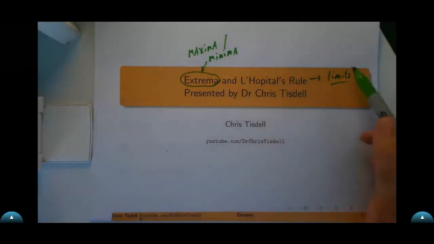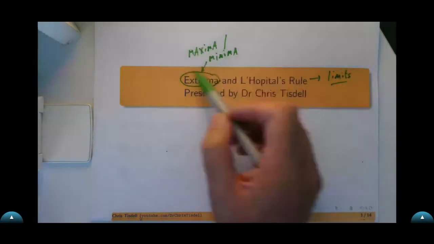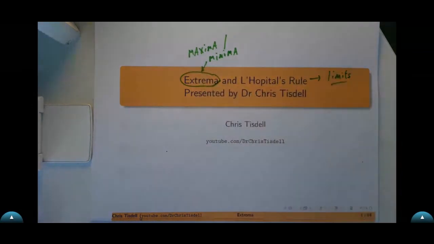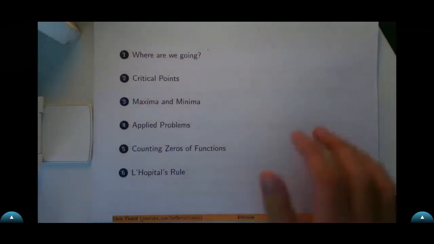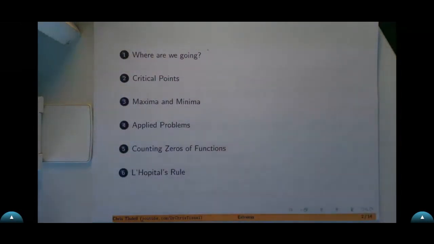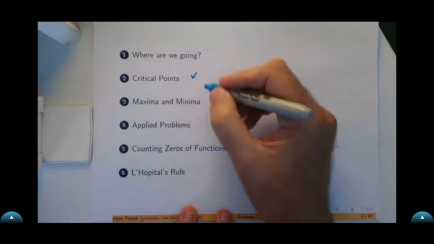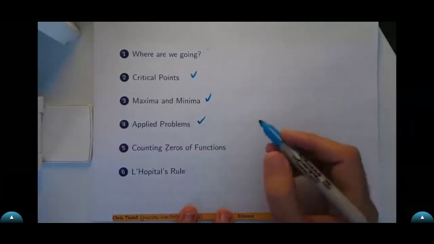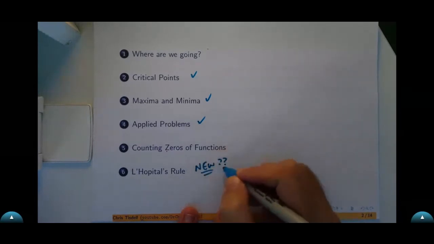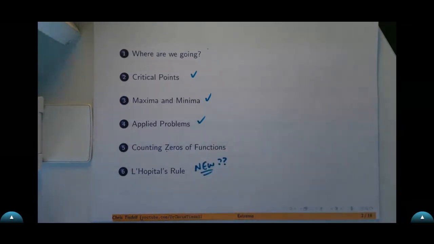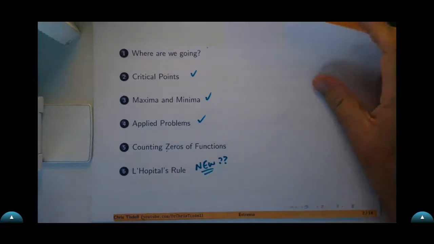It's a nice strategy when you want to evaluate certain kinds of functions and their limits. This part will probably be familiar, this not so much. I think these will mostly be familiar, and this should be new.